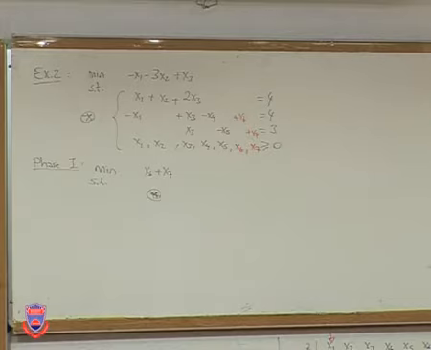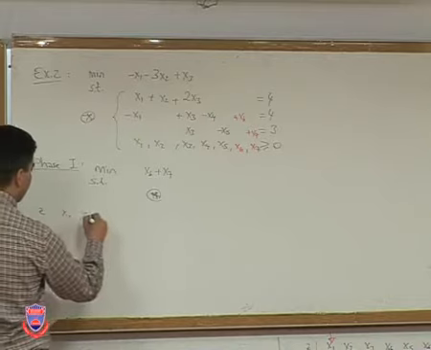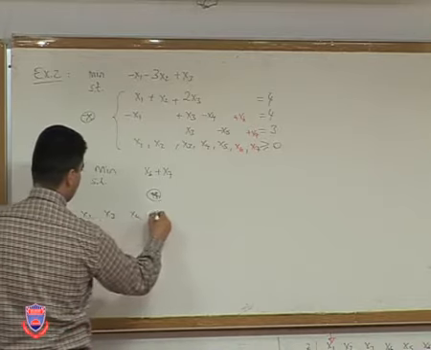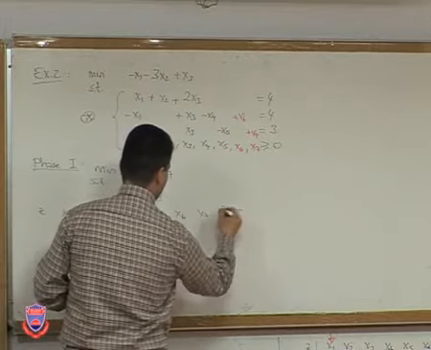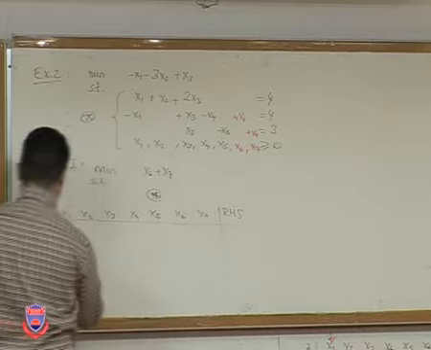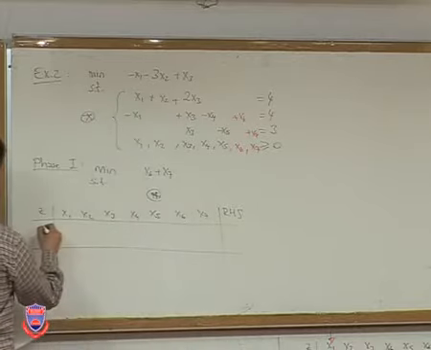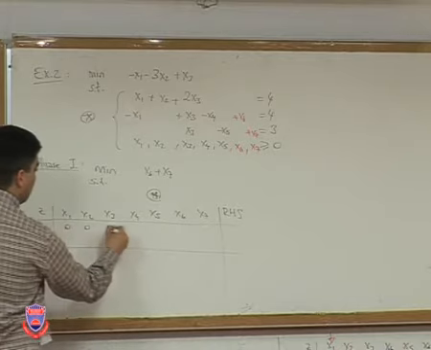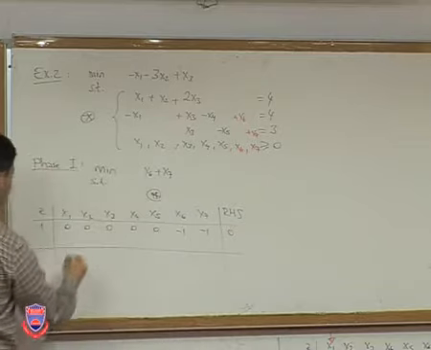So once again, let's try to solve this problem using the simplex method. First of all, let me start with row 0. So I have 1, 0, 0, 0, 0, 0, minus 1, and 0. Then I'll just copy the constraints.